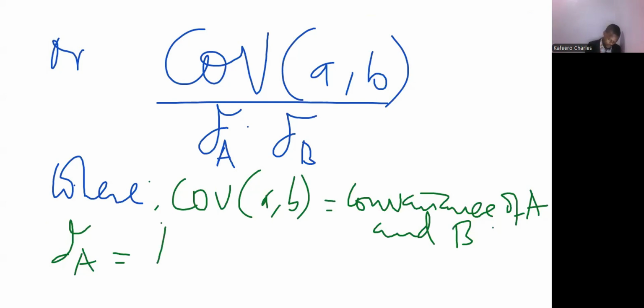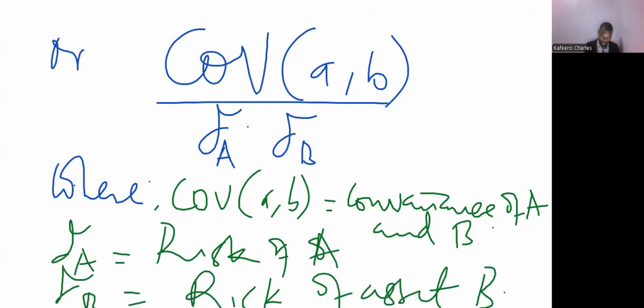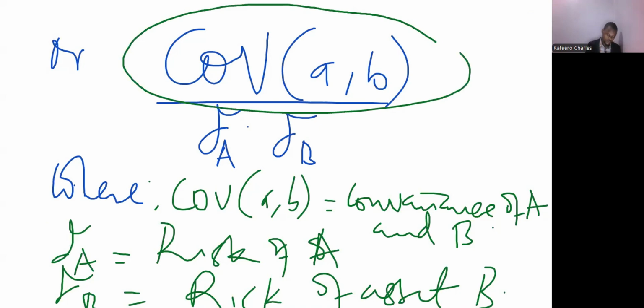So this is risk of A. Then, of course, this is risk of asset B, or the standard deviation of asset B. But now we have introduced a new term, this covariance of A and B. So how do we compute the covariance?